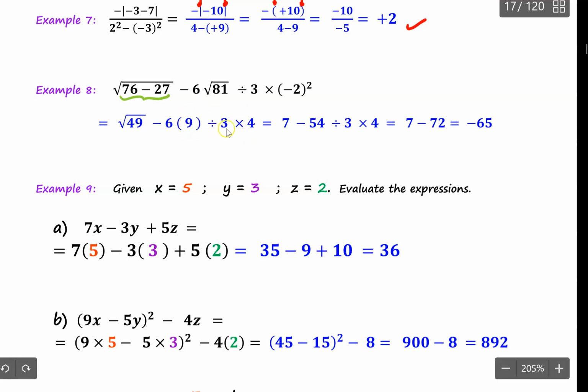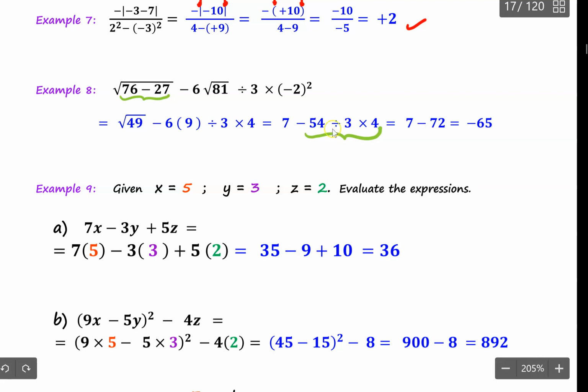You can do it from left to right. But I just want to write an extra step to show everyone that I take 6 times 9. When you have 6 and the bracket, it means that you take 6 multiplied by 9. So in this case, I have to make sure that I get this result first before I can take that away from 7.